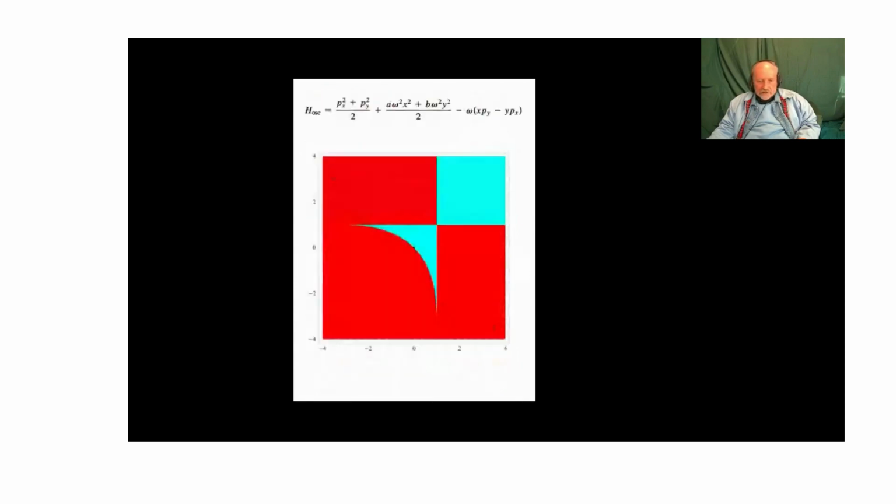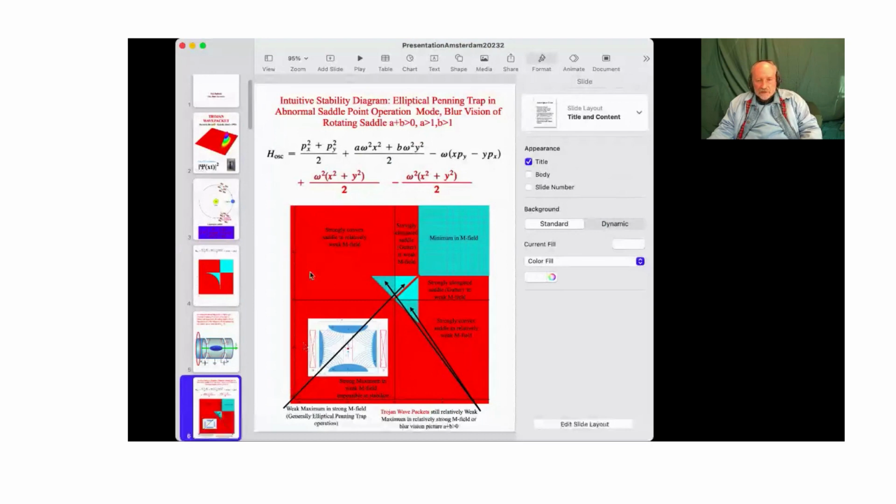You can explain this in the very simple way. You see, this is the exact calculations, and this is the stability diagram based on the intuitive picture. So you can actually see that these zones correspond to strong maximum, which cannot be stabilized by the magnetic field.